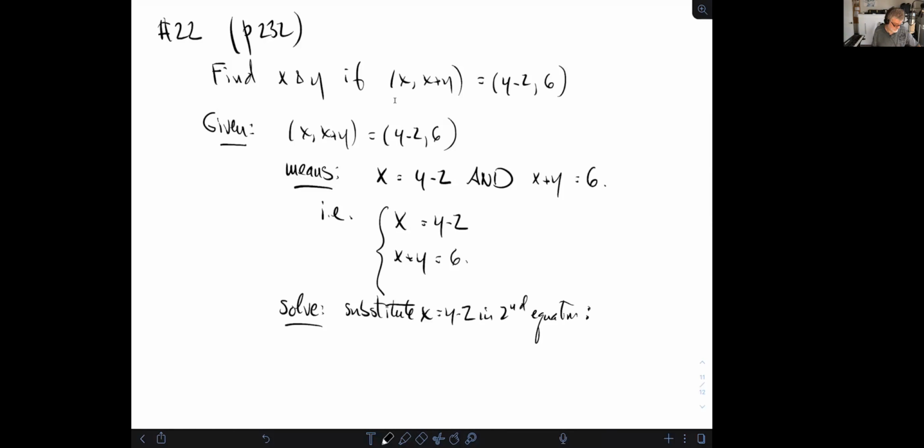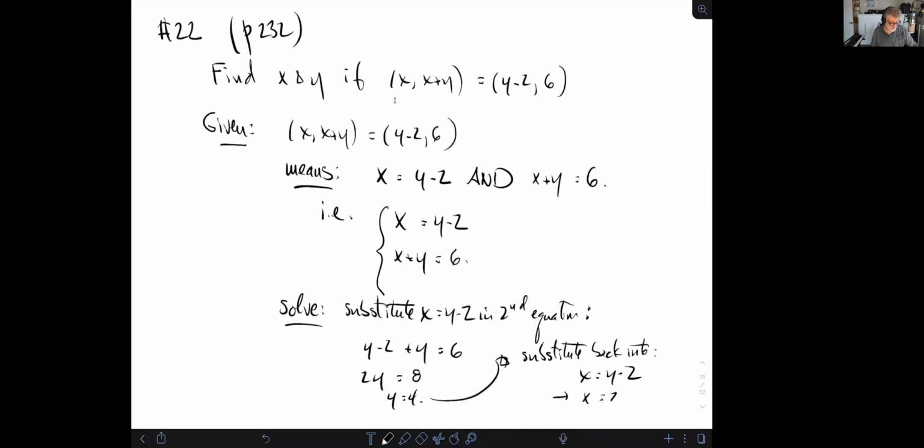So I get y minus 2 plus y equals 6, by substituting. So that's 2y equals 8, so y equals 4. So I've got the value of y. And once I have that, I substitute this back into the first. So x is y minus 2, so I get x equals 2.